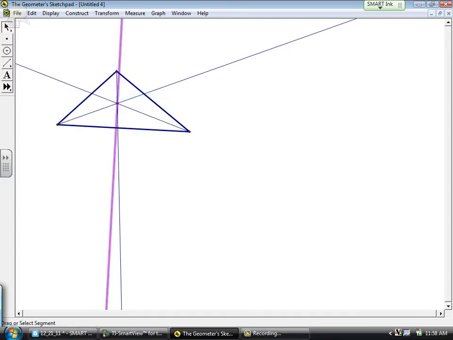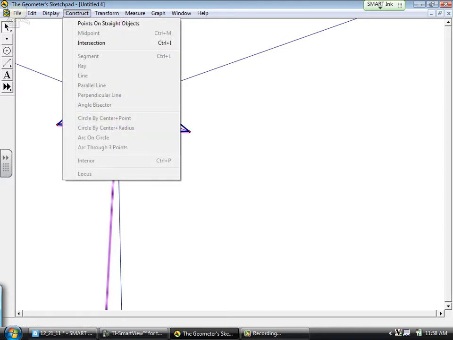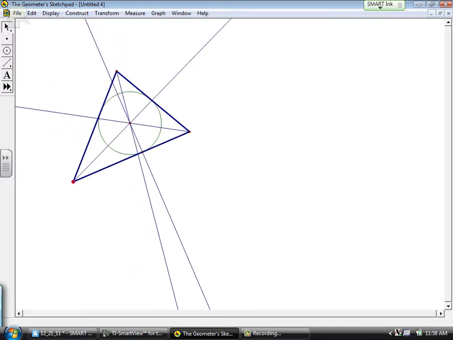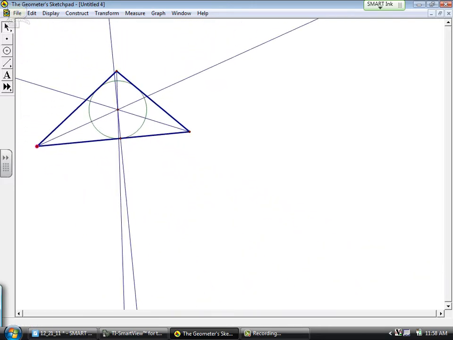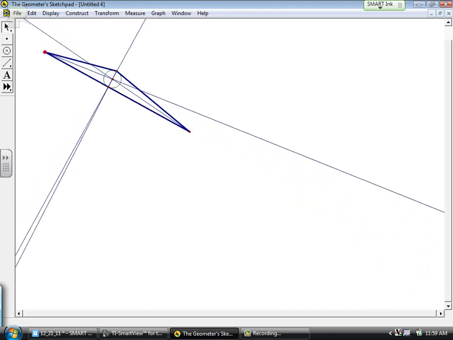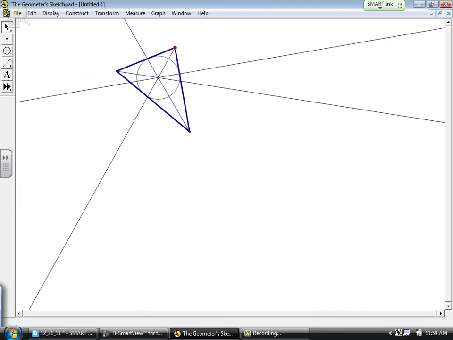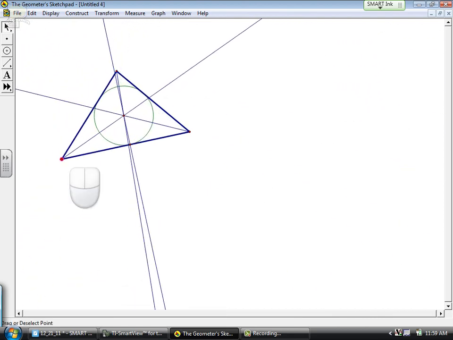I need the point where those two segments intersect. And then I need a circle with center and radius. And what we have is a circle that is drawn inside the triangle, and in fact will always be tangent to the sides of the triangle.